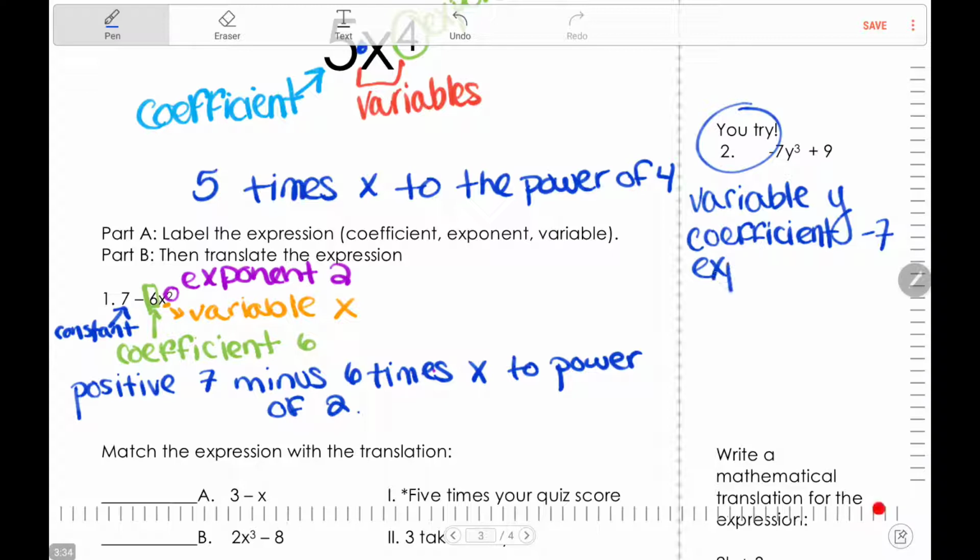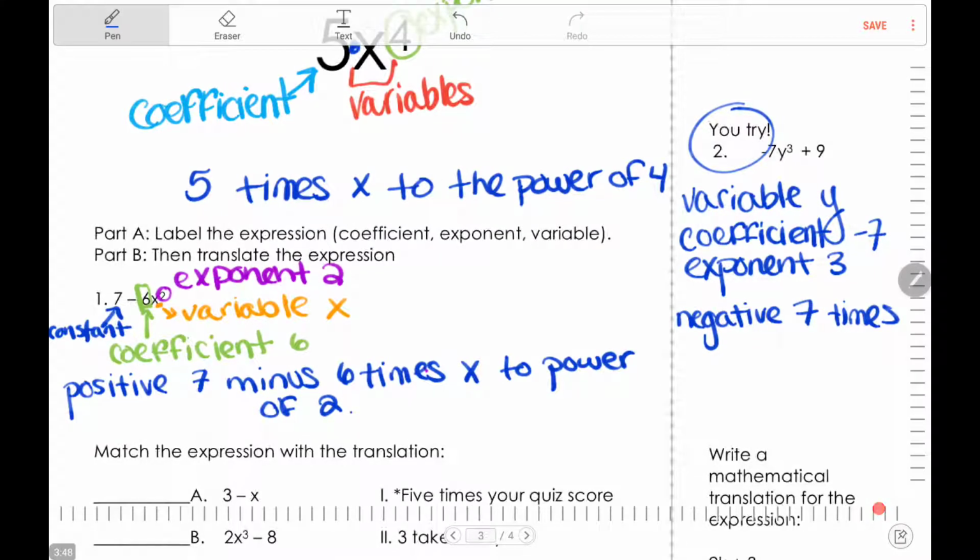And your exponent is 3. And when we translate, negative 7 times y to the power of 3 plus 9. Okay, that's my whole translation.